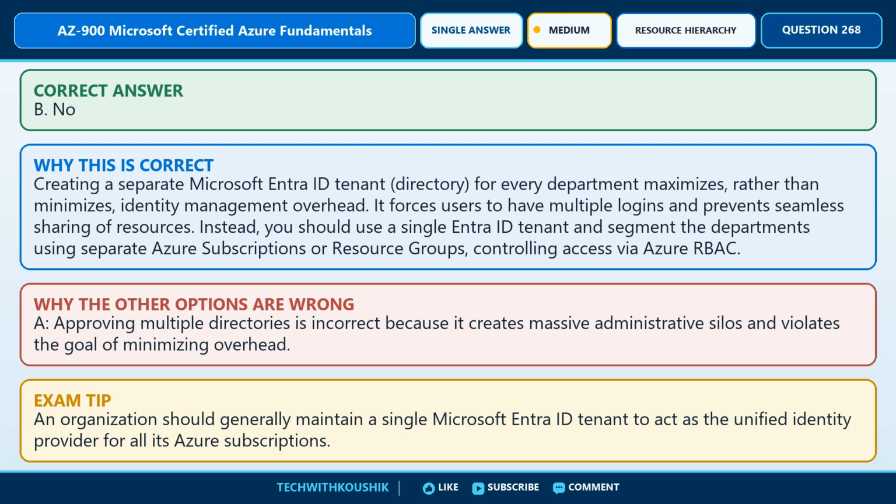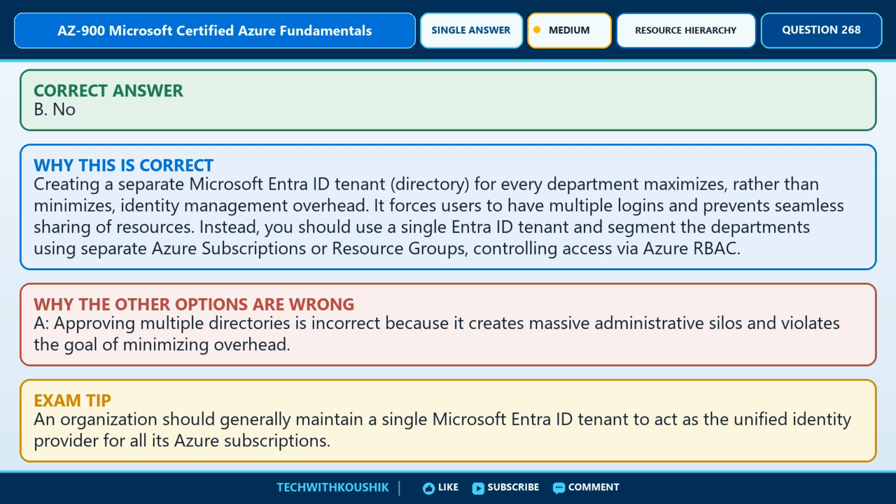It forces users to have multiple logins and prevents seamless sharing of resources. Instead, you should use a single Entra ID tenant and segment the departments using separate Azure subscriptions or resource groups, controlling access via Azure RBAC.